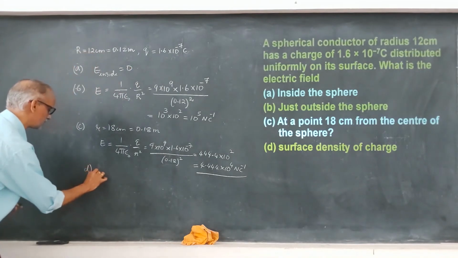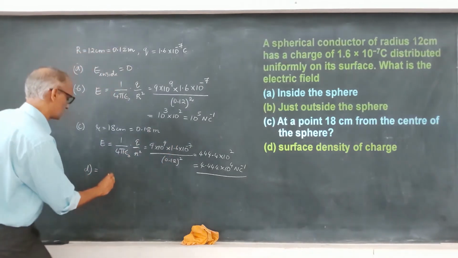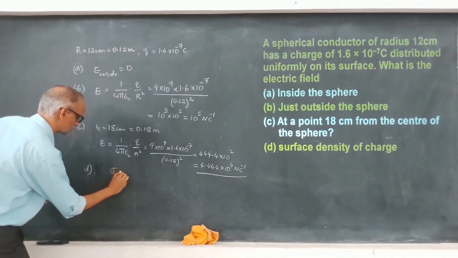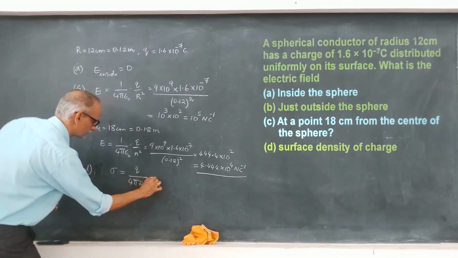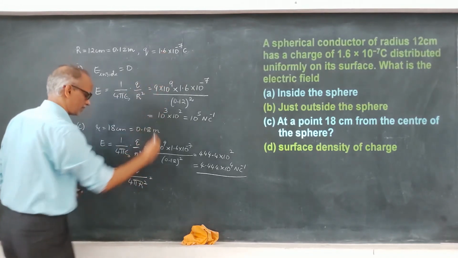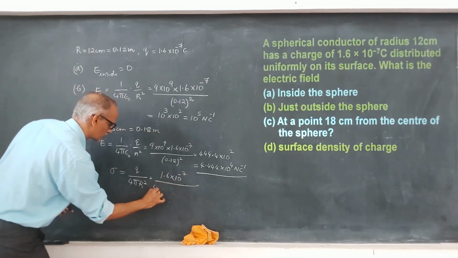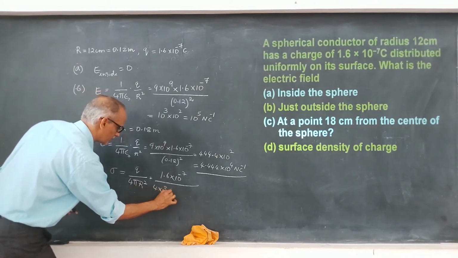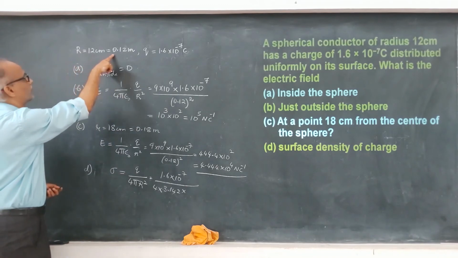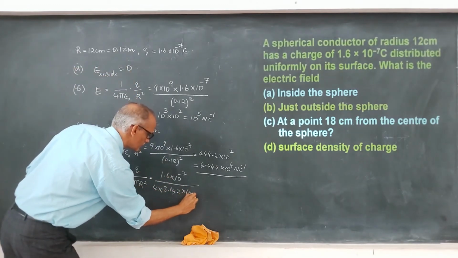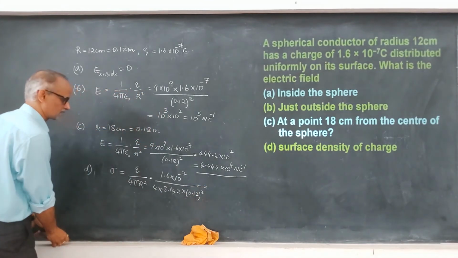What is option D? It is the surface density of charge. It is a spherical conductor. How to find the surface density of charge? Since surface density of charge sigma is equal to Q by 4 pi r square. The value of Q is 1.6 into 10 to the power minus 7 divided by 4 divided by pi, which is 3.142, into the value of r, the radius, which is 0.12 the whole square. So again let me simplify this.